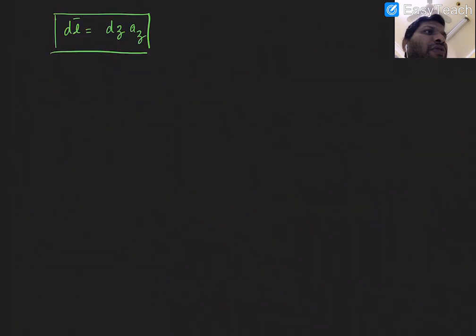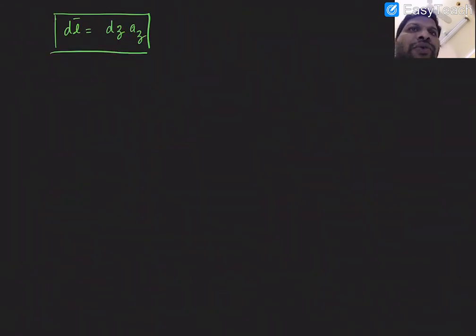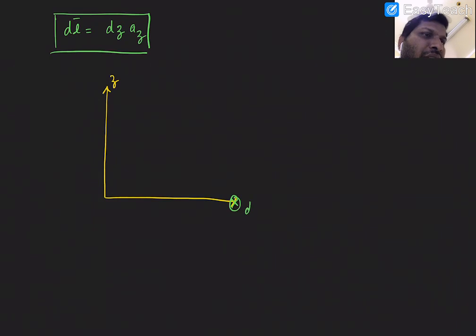So first of all, you see I am considering the point like this, okay. I will use the same color that I have used in the previous page. So you see here I have used the yellow color for the axis. So this is the z axis, okay, and this is the point of interest, where I want to find the magnetic field, this dH.